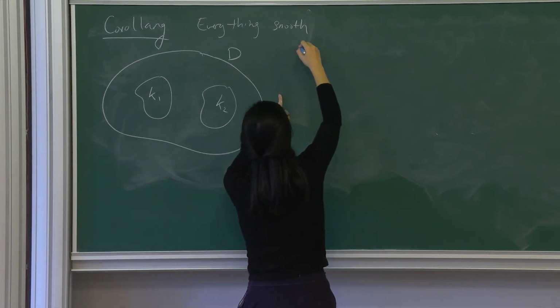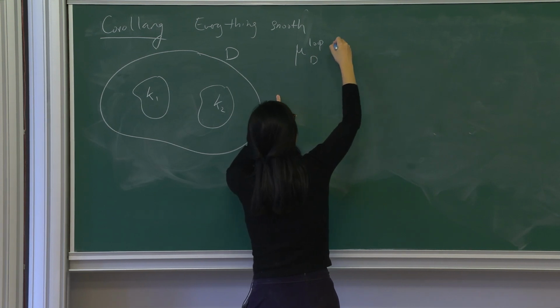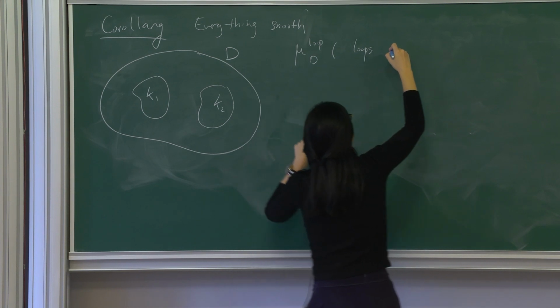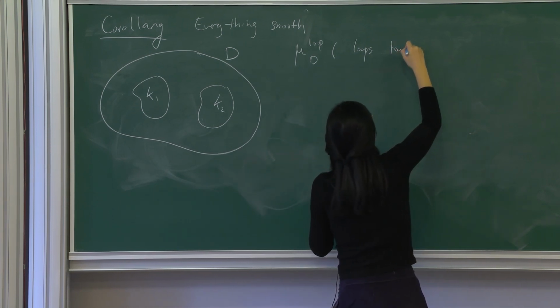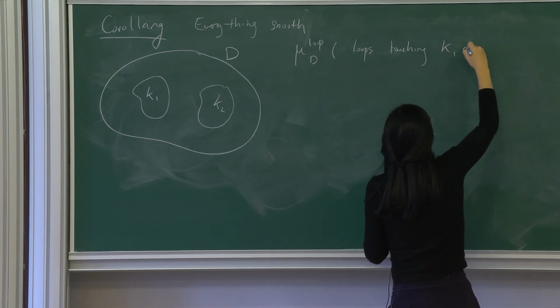I can ask about the Brownian loop measure. What is the measure of the loops touching both K1 and K2?